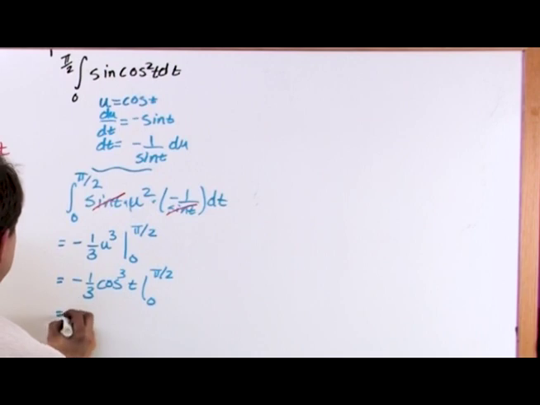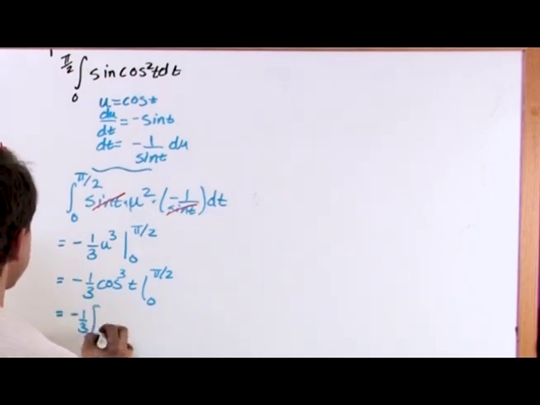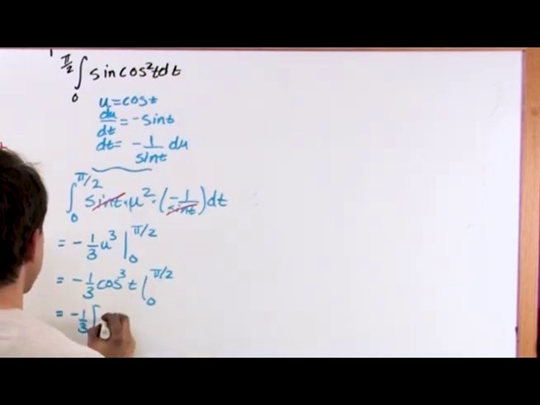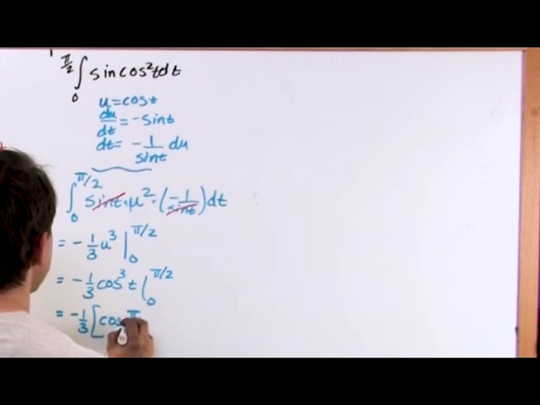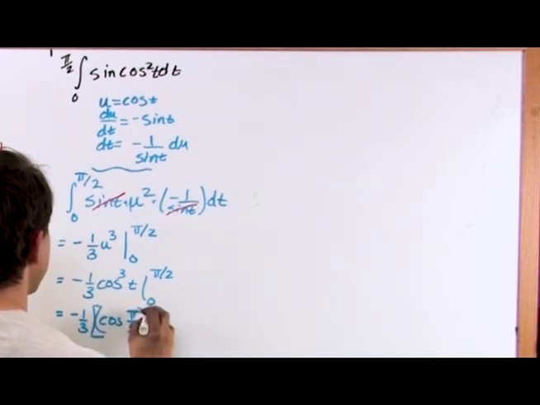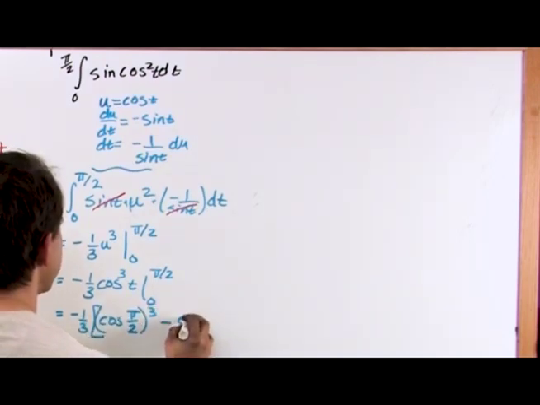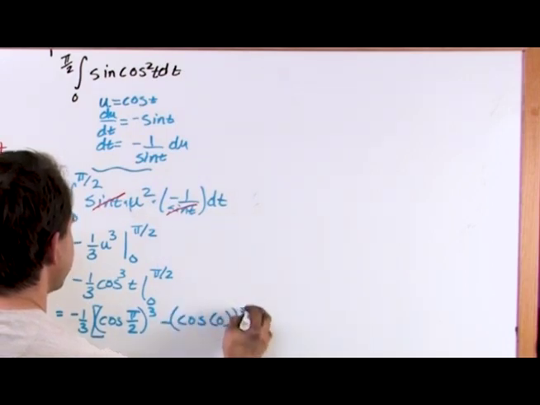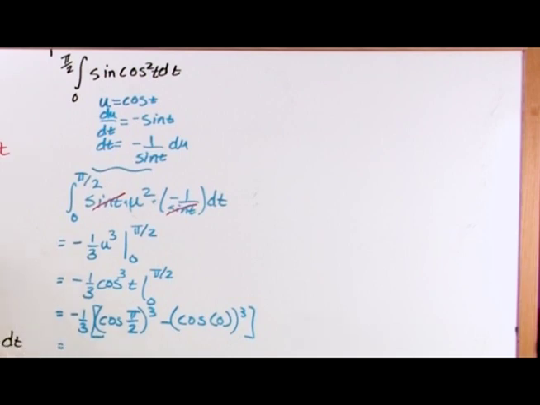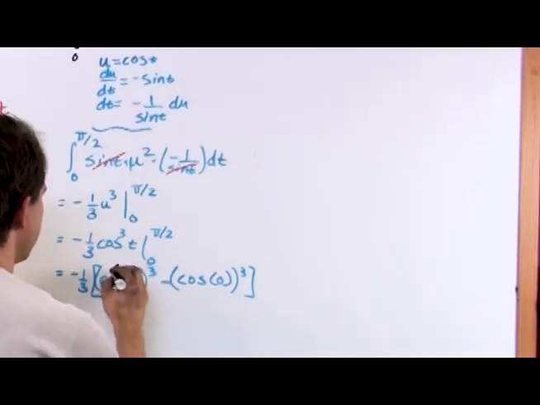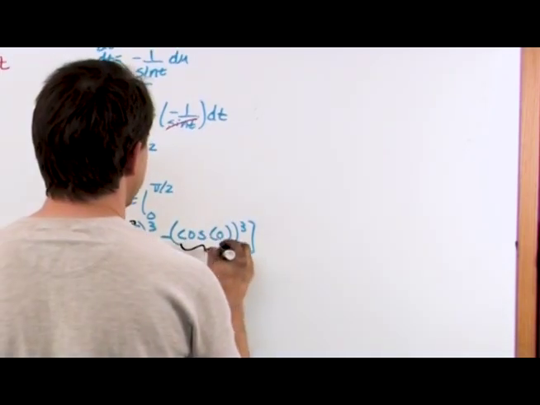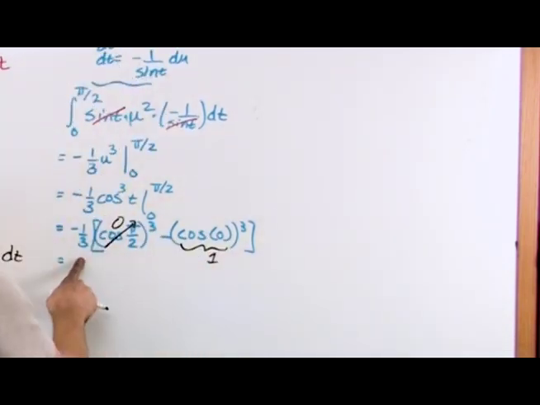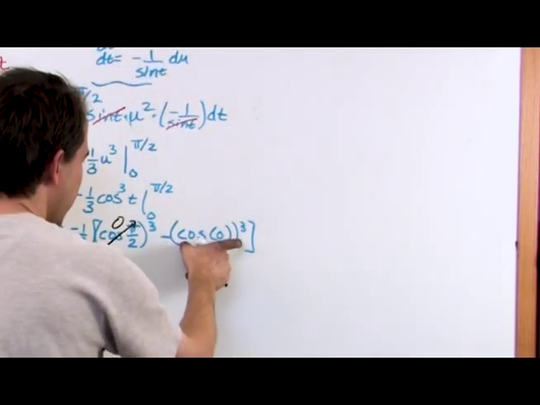And so what I'm going to have is negative 1/3, and on the inside, evaluating this, cosine pi over 2 cubed minus cosine of 0 cubed. And I think you can convince yourself cosine pi over 2 is going to give me 0, and this is 1.